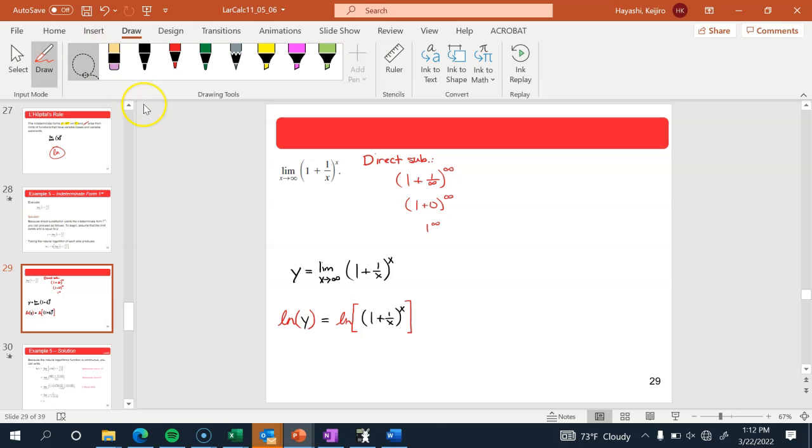Oh, crap. I've once again forgotten the limit statement. Okay, alright, so the natural log of the left equals the natural log of the right.